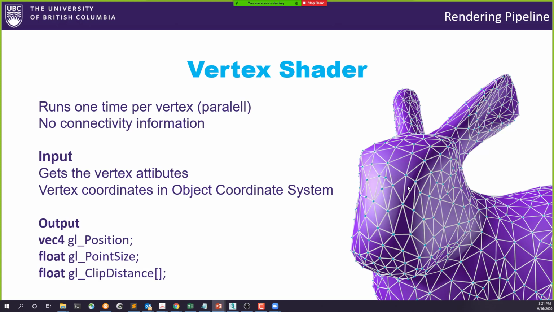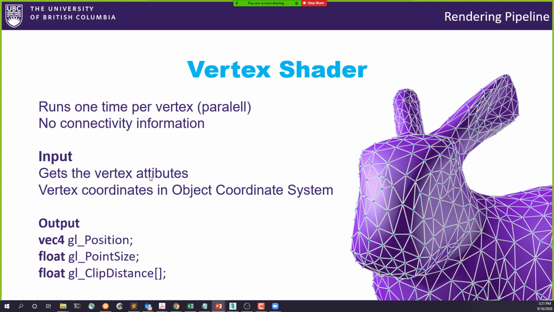And it's important because there are certain types of algorithms in geometry processing for which we need connectivity information. And in the vertex shader, we never have the connectivity. Okay, so what we were saying: it runs one time per vertex, it is parallel, and it has no connectivity information.